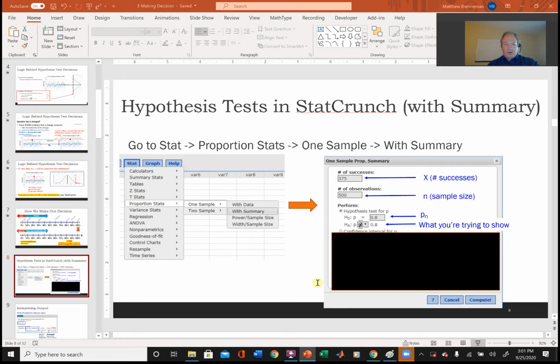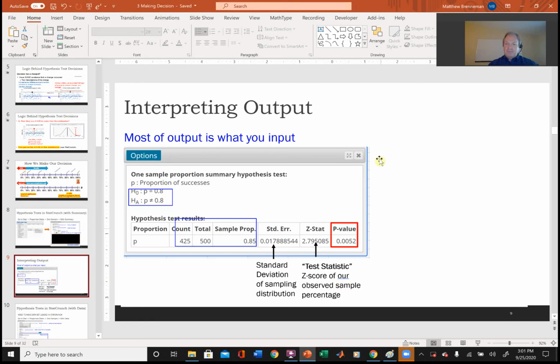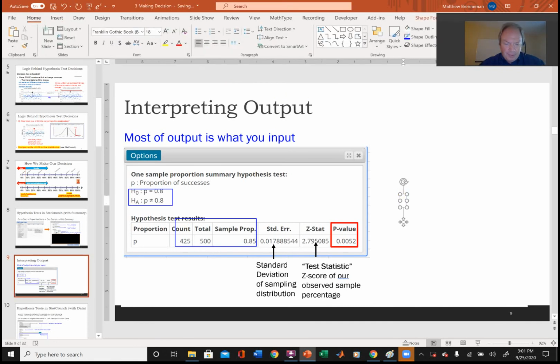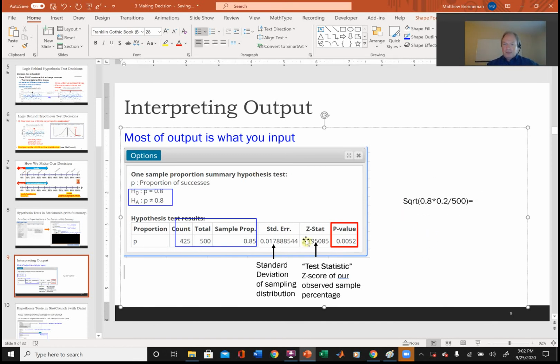So if I computed in StatCrunch the square root of 0.8 times 0.2 divided by 500, like we've been doing, that would be equal to this value, the standard deviation we've been computing using the central limit theorem.